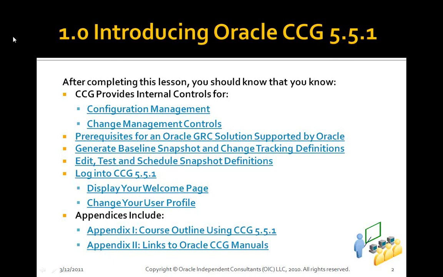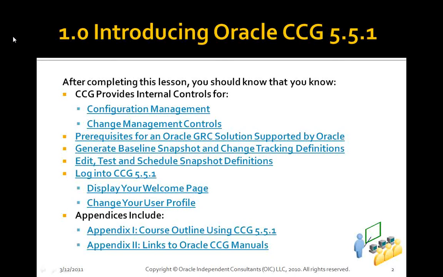Introducing Oracle CCG 5.5.1. After you complete this lesson, you should understand that Oracle Configuration Controls Governor 5.5.1 is one of 4 governors included in the Oracle GRC Controls Suite. Now, I emphasize the word suite versus Oracle GRC Controls, which is the application that includes Oracle Application Access Controls Governor and Transaction Controls Governor.